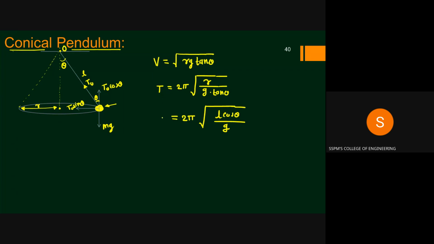If you know the time period, we can determine the frequency: omega is equal to 2 pi upon capital T. So omega is equal to 2 pi under root g upon L cos theta. You should know these relations: the linear velocity of the bob in a conical pendulum is root r g tan theta, the time period T is 2 pi under root L cos theta upon g, and omega is 2 pi upon T, so it is 2 pi under root g upon L cos theta.